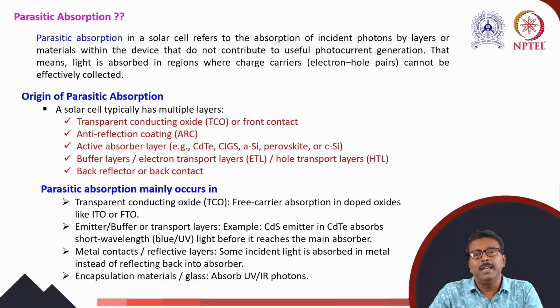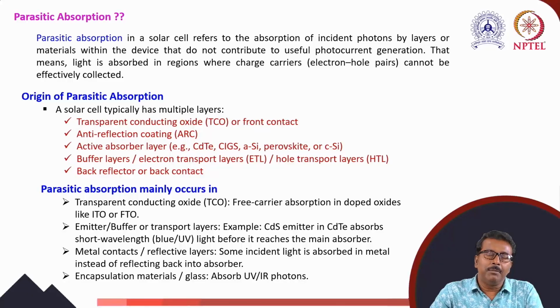N represents the real part of the refractive index of the material and K is the imaginary part, also called the extinction coefficient. Both N and K are wavelength dependent. So layers such as the window layer, emitter layer or buffer layers have specific values of N and K.